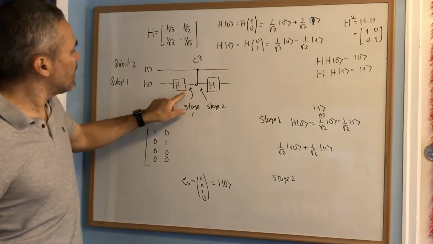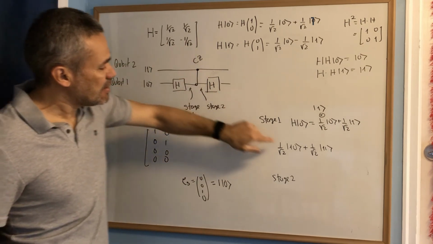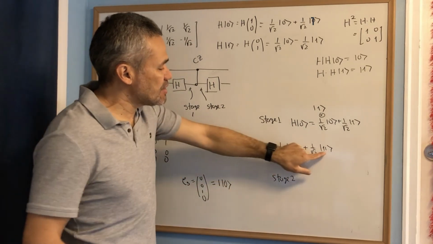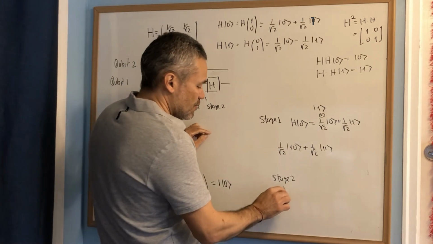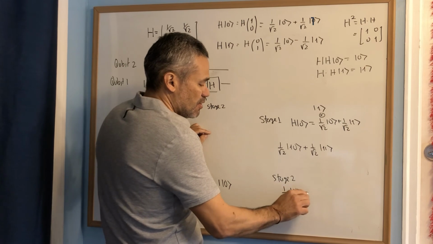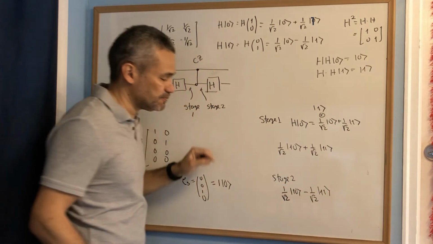When we move to stage 2, we need to apply the CC, but the CC does nothing to this qubit, and it changes this by a negative. That means that at stage 2, we have 1 over the square root of 2, 1, 0, minus 1 over the square root of 2, 1, 1.